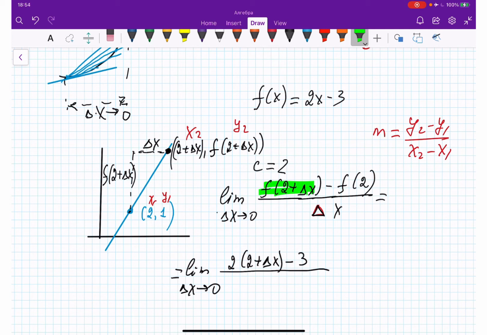So instead of x, I'm plugging in 2 plus delta x. So it's going to be 2 times (2 plus delta x) minus 3, and minus 2 times 2 minus 3.